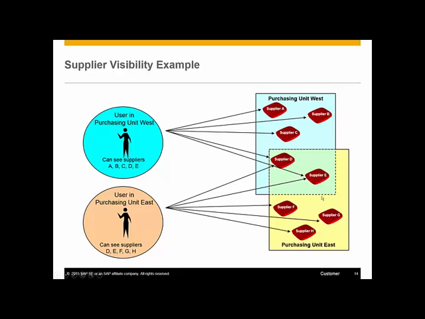There is a little bit of overlap between the two, and that's depicted in the green shaded area in the middle. But this is just an example of how for the various pieces of master data, such as suppliers, you can limit which users have access to which pieces of the data using purchasing units.